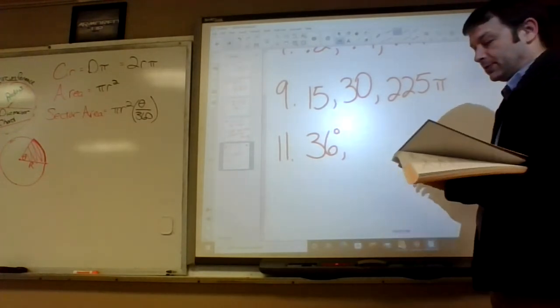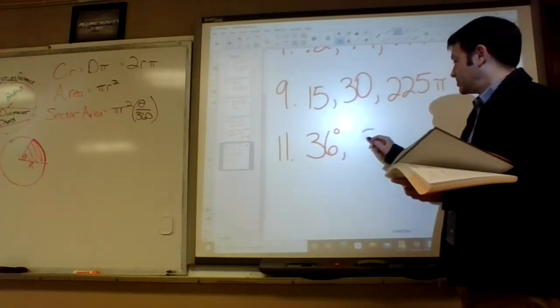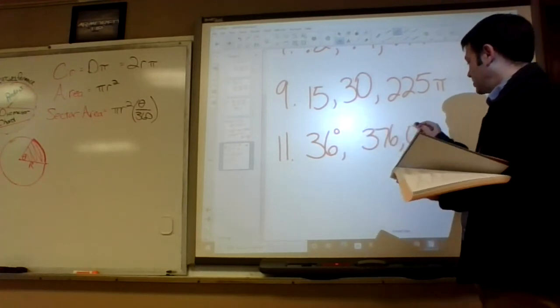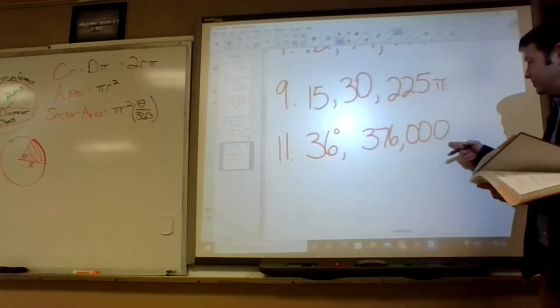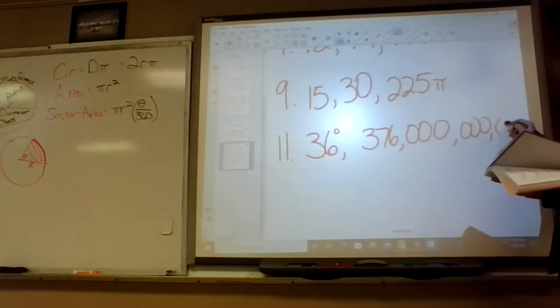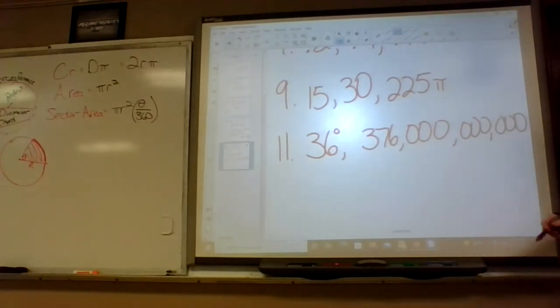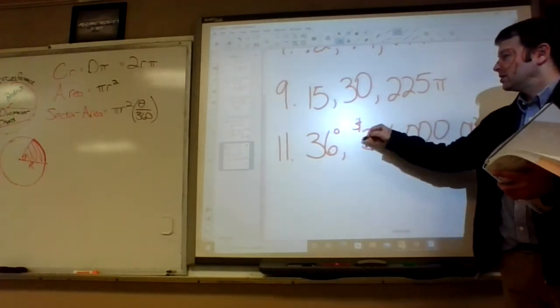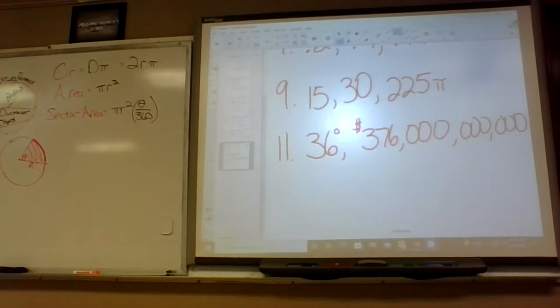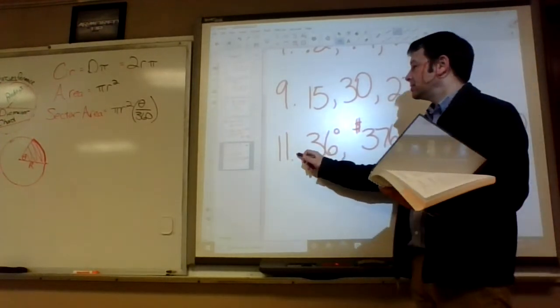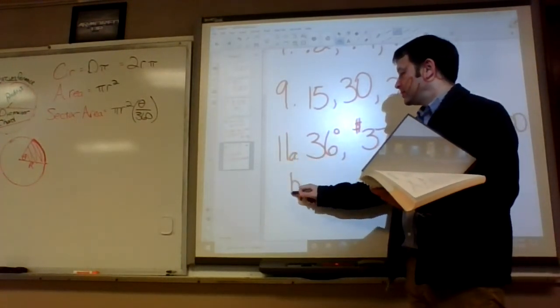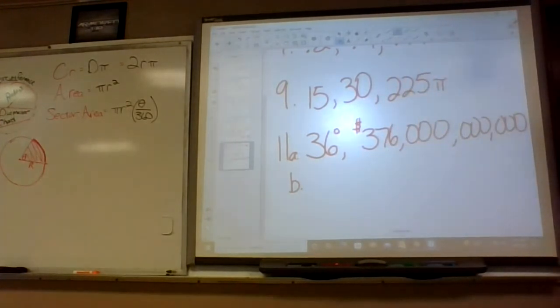So the 3.76 trillion becomes 376 billion. That's billions, millions, thousands, ones. $376 billion. It's a lot of money. And that was A. A lot of work for just an A. But now that we know the pattern, it shouldn't be too much problem.